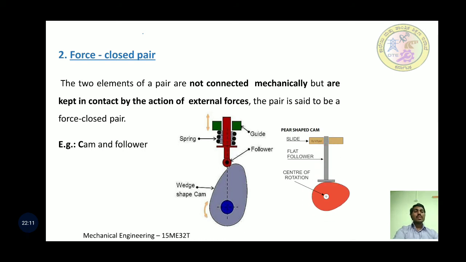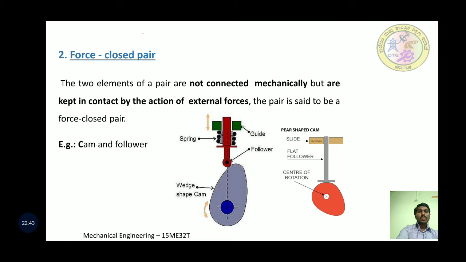So what is a cam and a follower? A cam is a rotating machine element which gives reciprocating or oscillating motion to another machine element called follower by virtue of the profile or shape of the cam making direct contact with the follower.